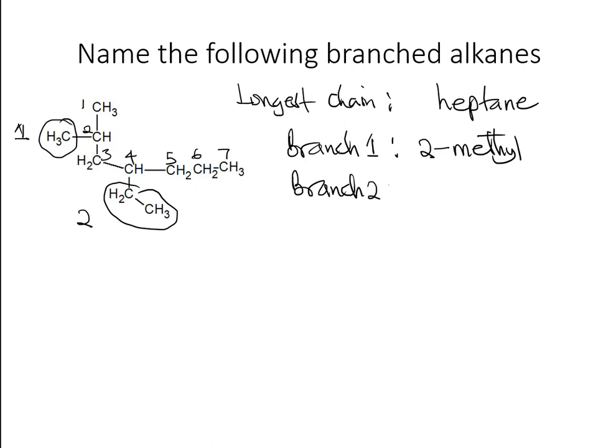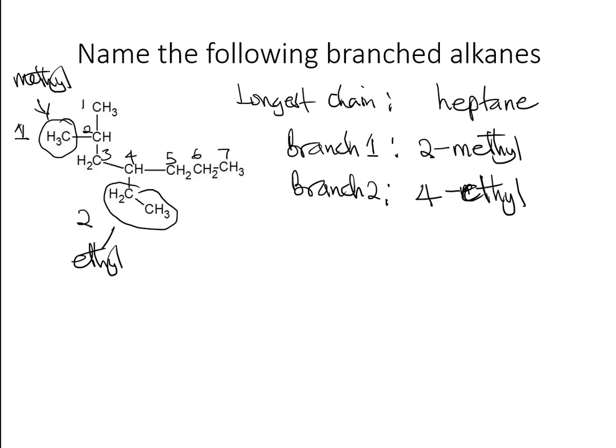Branch 2, we have a branch at carbon number 4. This is an ethyl branch at carbon number 4, so we are going to call it 4-ethyl.